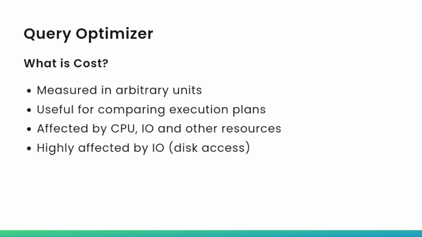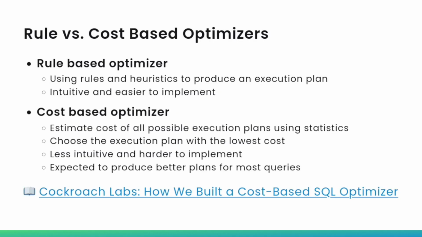So we briefly mentioned that Postgres, as well as most other databases, are using a cost-based optimizer, which is what we saw. We generate all the plans, estimate the cost using statistics, and then we choose the one with the lower cost. There is another type of optimizer called a rule-based optimizer, which uses heuristics, okay?